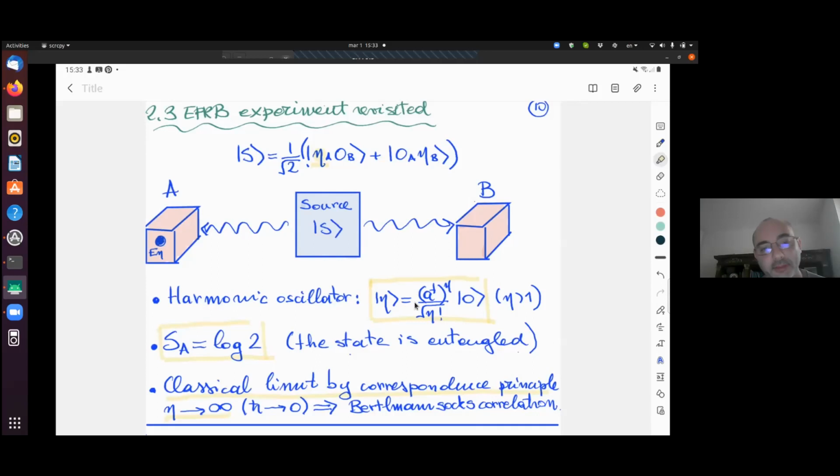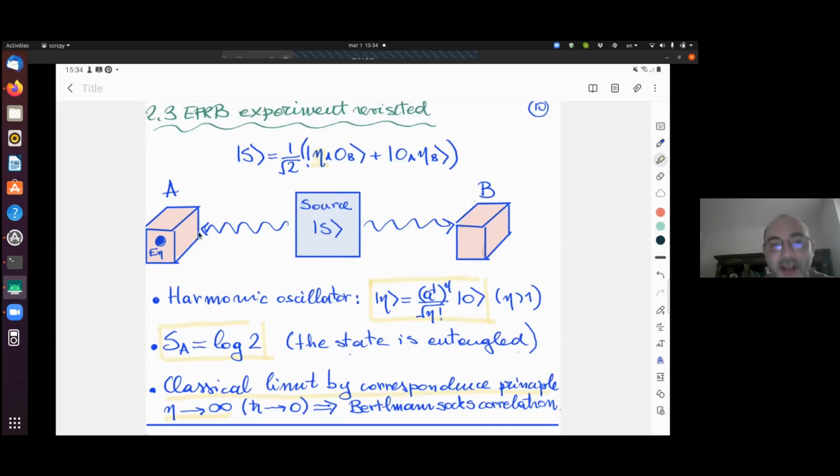If you think in terms of wave functions, the wave function of this particle will become a semi-classical wave function, which corresponds to the limit h bar goes to 0, as we will see later. But essentially, it really becomes a classical particle by the correspondence principle. Once again, we observe a particle in region A with a certain energy E_eta. We find some correlation, and what is quantum here?